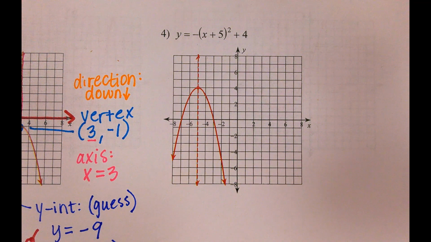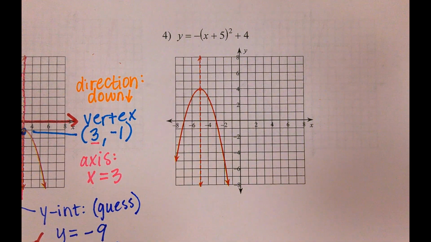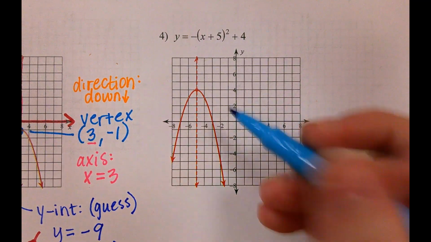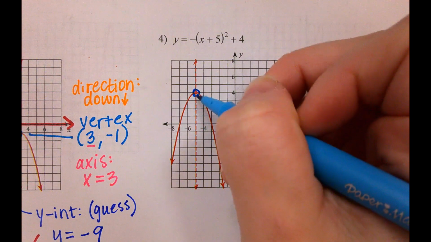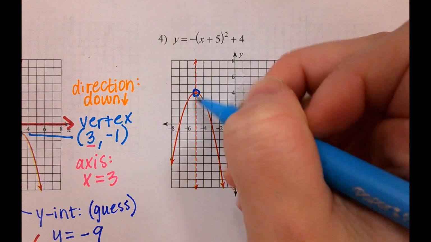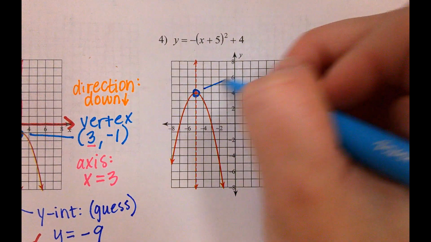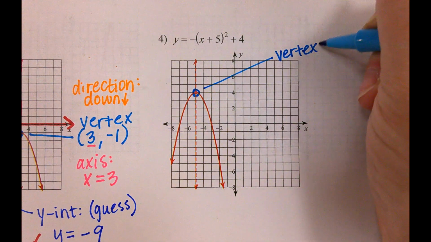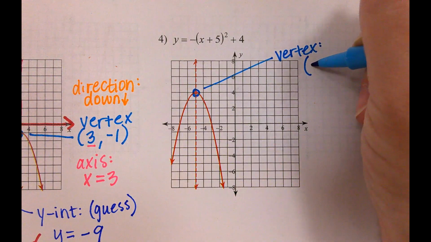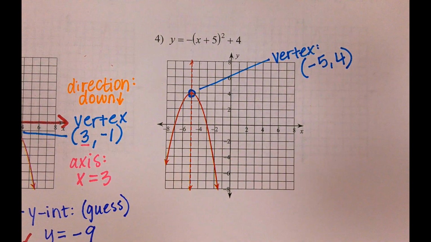What is my vertex? -5, 4. Good. Lines up with -5 on the x-axis and 4 on the y. So the vertex is -5, 4. Okay.